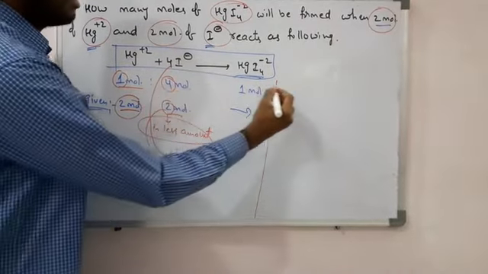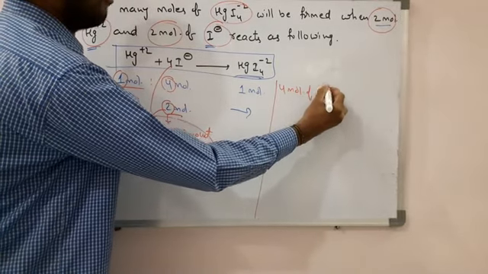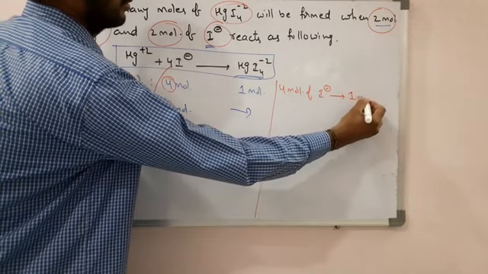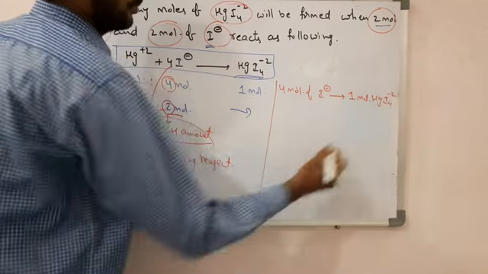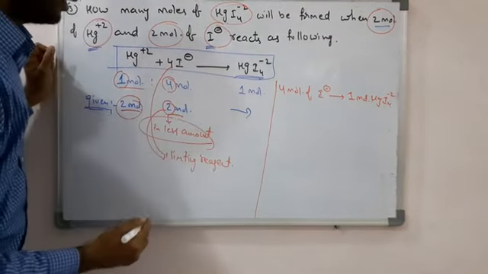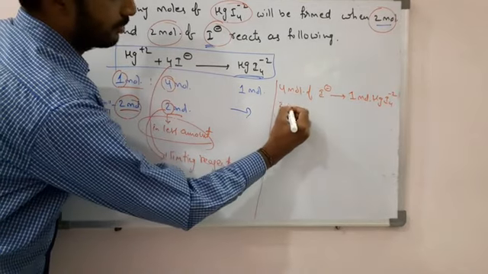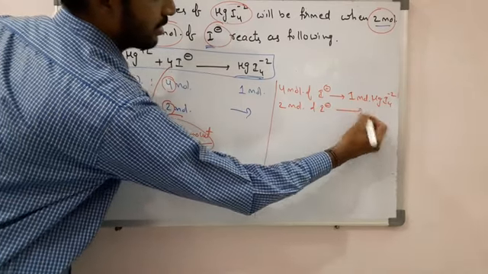Okay, according to the balanced equation, 4 moles of I minus can produce 1 mole of HgI4 minus 2. Then we have to calculate for 2 moles. 2 moles of I minus gives how much?